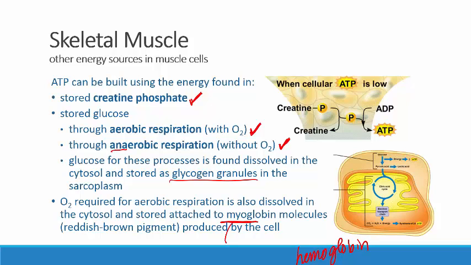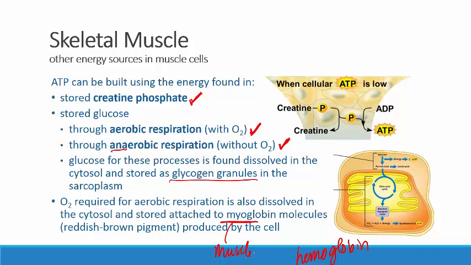Myo, again, remember that means muscle. So this is a globular protein that is found in muscle cells. It's actually just a reddish brown pigment which gives muscles their reddish color, and we can attach oxygen to that myoglobin so that we can store up more oxygen than we would be able to store up in other cells in the body.